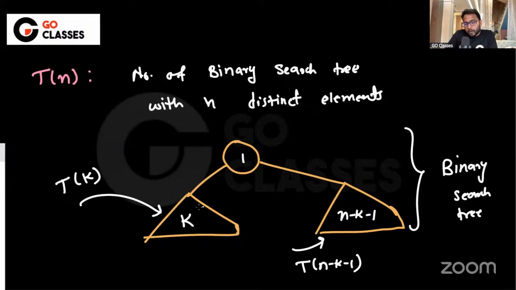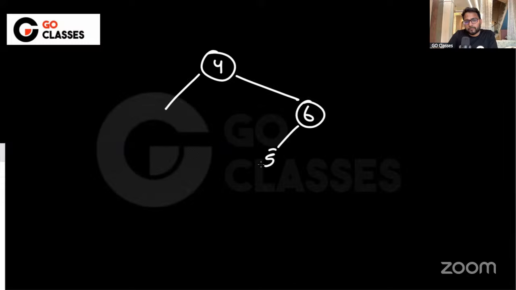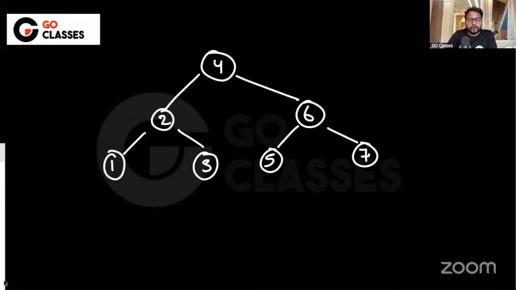Now, if you fix this, for example, let me have some example here. Suppose this is one binary search tree. Now suppose I fix this left structure for now, just for a moment.